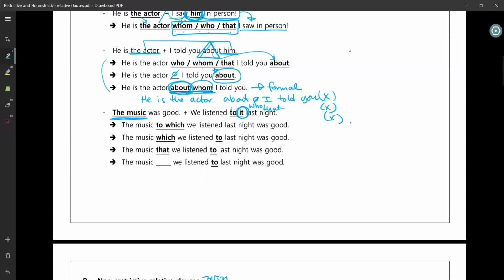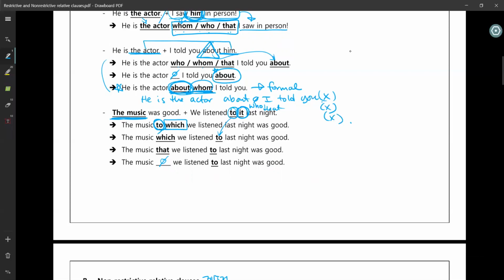So you can just decide to use the word to at the latter part of the sentence and say the music which we listened to last night was good, or the music that we listened to last night was good. Or you can just simply say nothing. The music we listened to last night was good. That's okay. But just like this example here, if you want to use the word to in the middle of the sentence, you will have to end up with this pronoun, which. This is your only option.